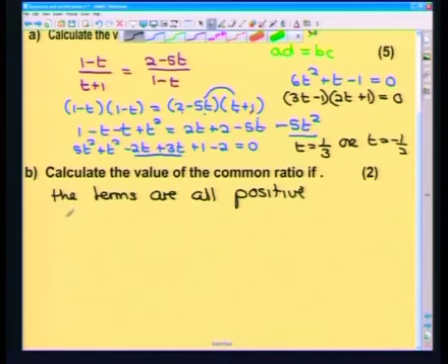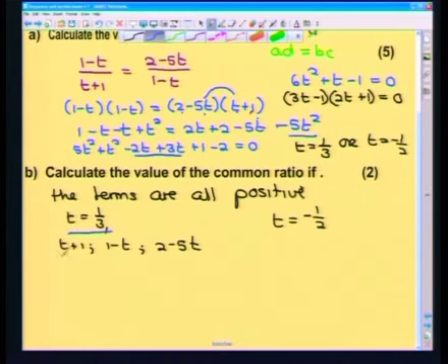Now, if we look at this, we have to first of all go and look at what our terms look like. We have got two possibilities for t. The actual sequence was t plus 1, 1 minus t, and 2 minus 5t. So if we go with the first one, where we're going to put in 1/3. 1/3 plus 1 is 1 1/3, or if you like, 4/3.